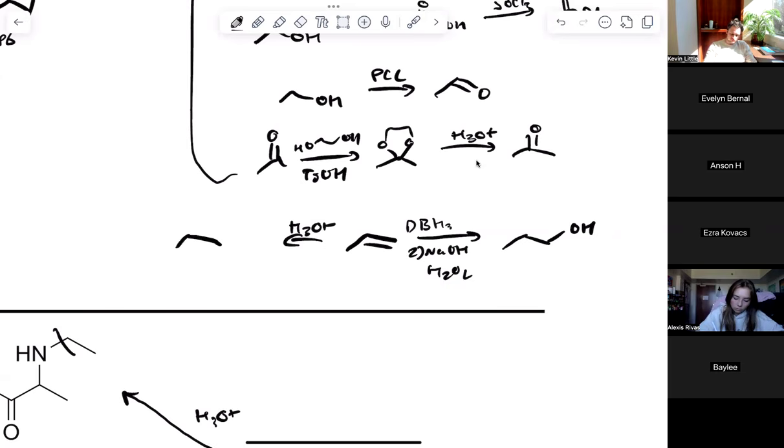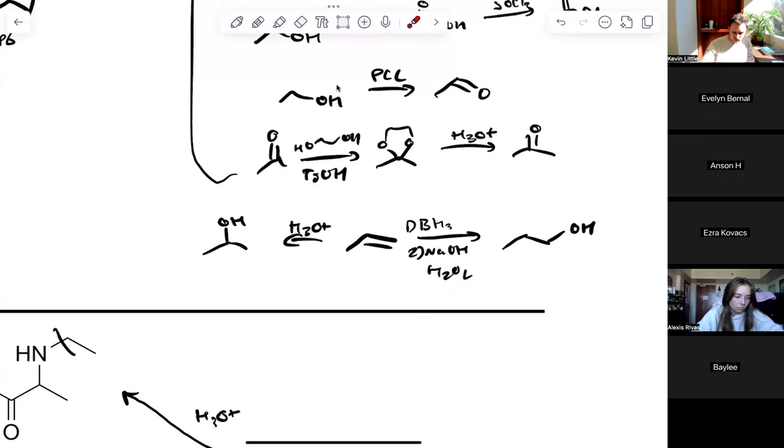The big difference between the two of them is where it puts that OH. If I'm looking at the double bond, one puts it on the less substituted side, and one puts it on the more substituted side of a double bond. But it's in relation to that double bond.